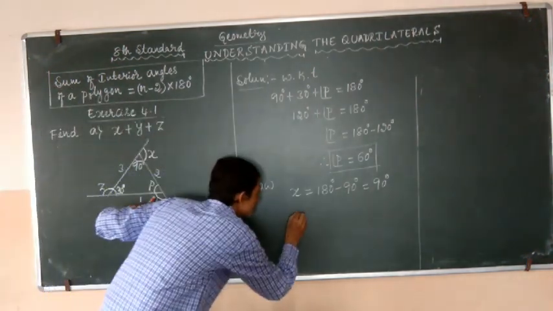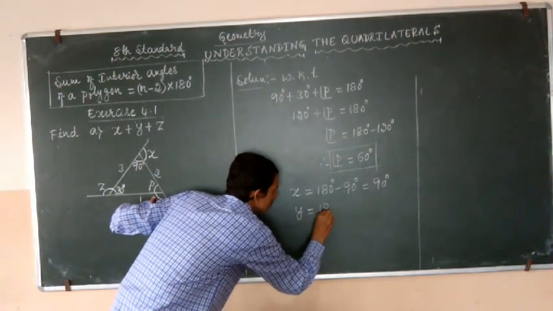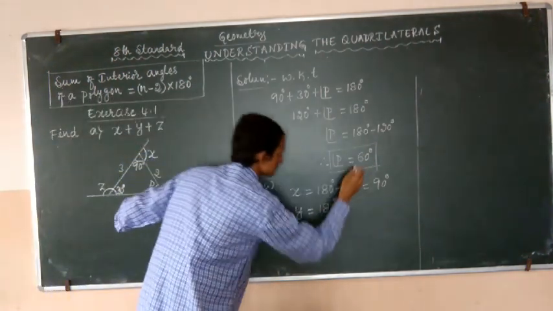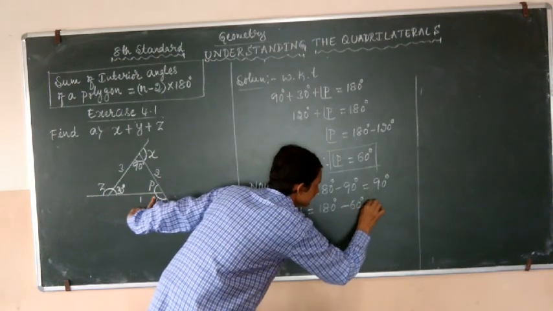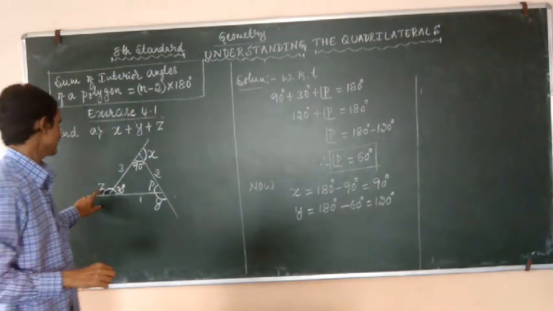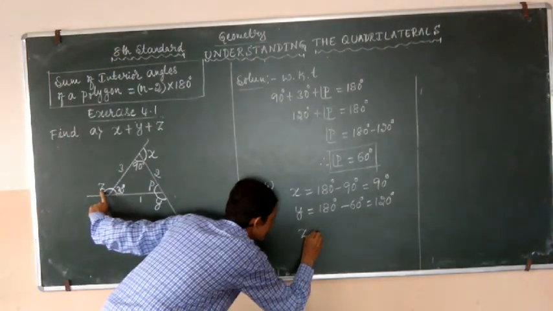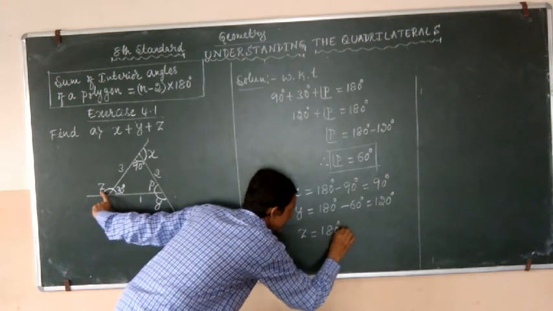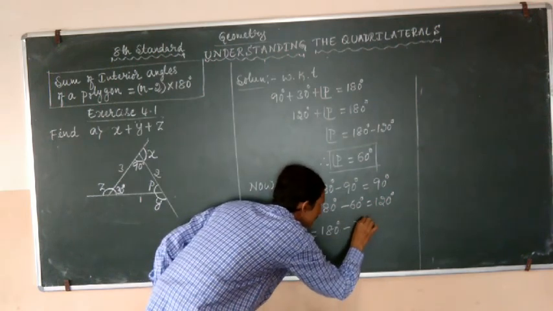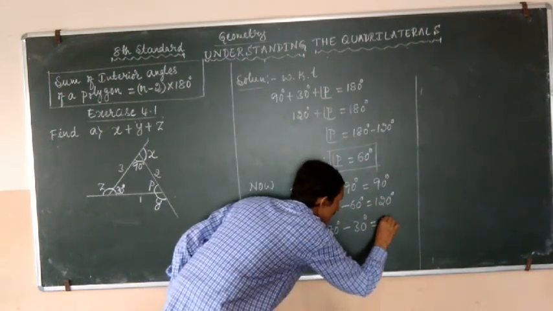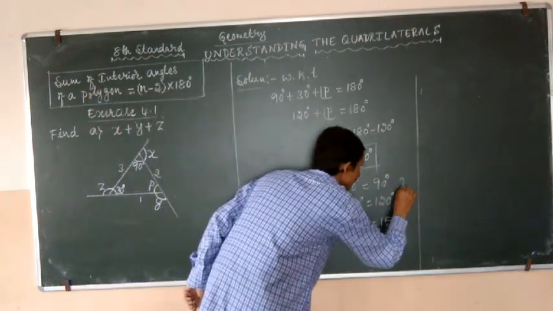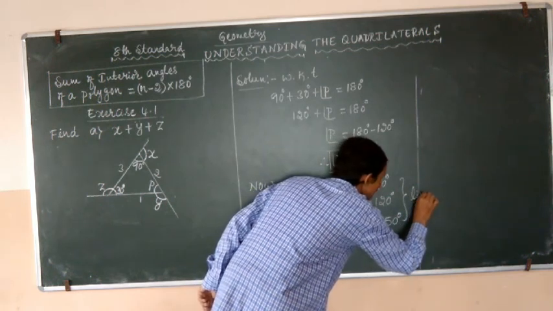Angle y equals 180 minus P, 180 minus 60 degree equals 120 degree. So similarly, angle z equals 180 minus 30 degree. It will be 150 degree, because all are linear pairs.